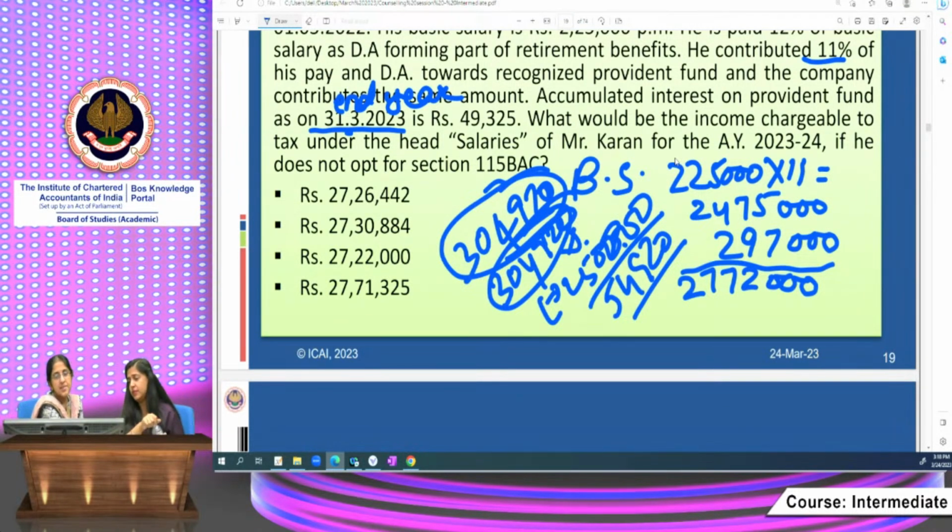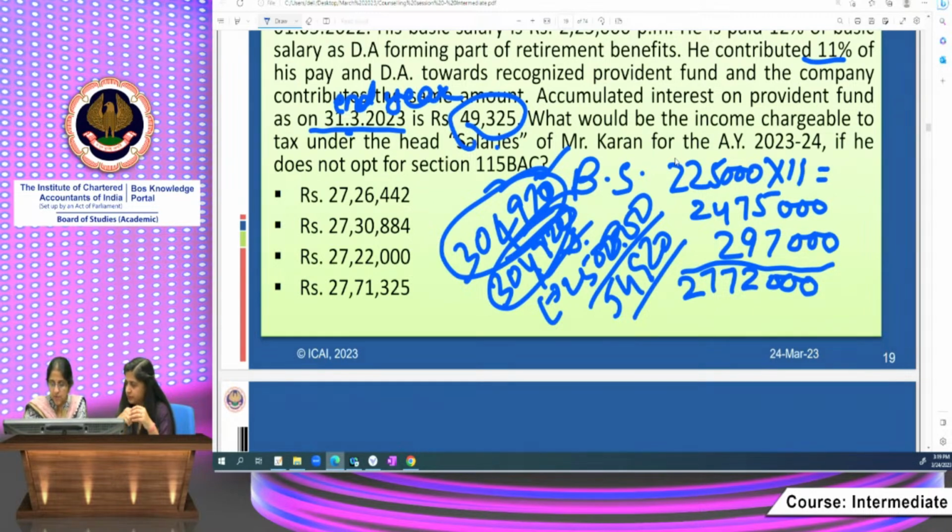Here total interest is given as 49,325. Because the person has joined only in the current year, he joined in May, it doesn't include any past interest. So it is only current year interest which is included. But this 49,325 interest is on the total: employer contribution of 304,920 and employee contribution of 304,920.